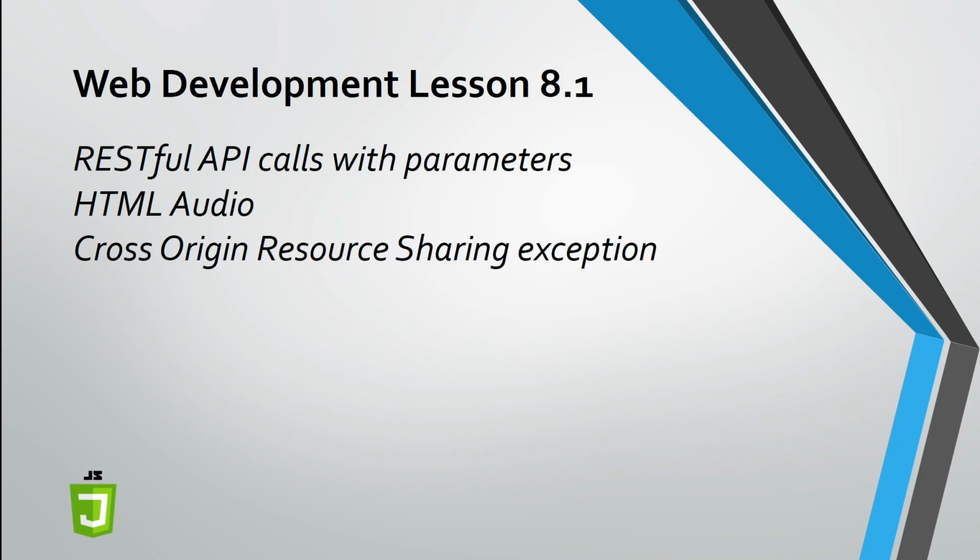We saw a workaround for that using Python as a middle RESTful API call interface where the Python program made the request and handled the CORS exception policy for us. Again, there's other ways of doing it, but this kept the JavaScript on our web pages simple. So hopefully you're excited about being able to make RESTful API calls with precise information, and enjoy.